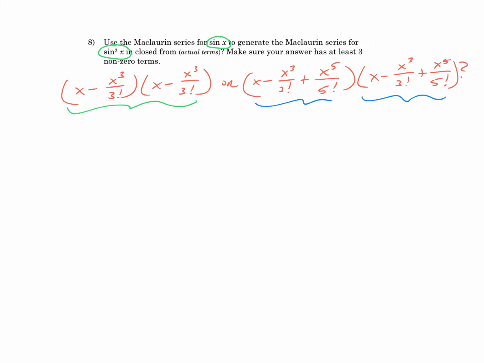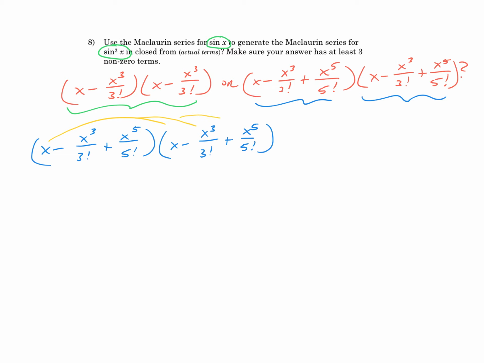So I'm going to compound distribute the 3 by 3 that I have indicated in blue. So x minus x to the third over 3 factorial plus x to the fifth over 5 factorial, times itself, plus x to the fifth over 5 factorial. And I hope we're all cool on what I mean by compound distribute, which means I'm going to distribute the x into all terms.